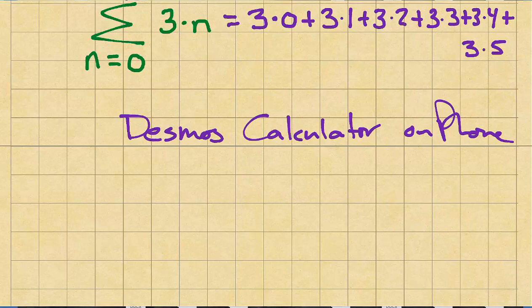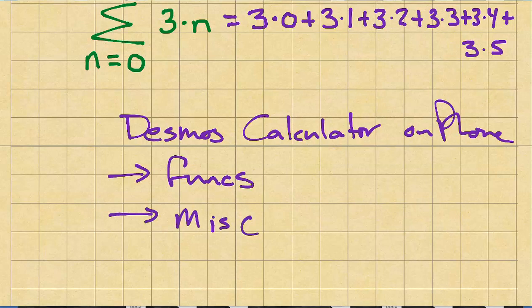On my phone, in the Desmos calculator, if you go under functions, and you go to MISC, you'll see a sigma notation right there at the bottom. And when you touch it, it actually puts everything right in there for you, and it uses n as the index. So it's really perfect. It's already set up for you.